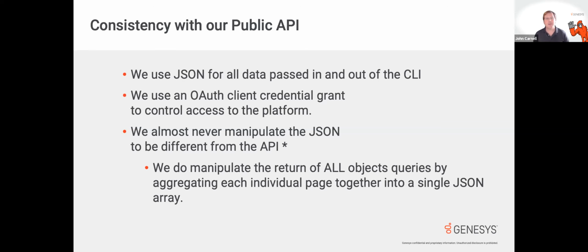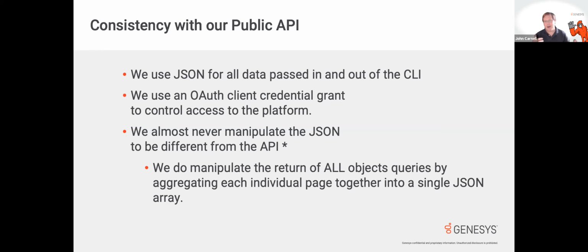So you have to go into Genesys Cloud, set up an OAuth client credential grant, and give it the level of access that you feel comfortable for that administrator, or that group of administrators, to have. If there's certain things you don't want administrators to do, you just don't give it to the client grant. And if they try to do something in the CLI that they're not allowed to, they'll get basically a permission denied error returned back in the JSON.